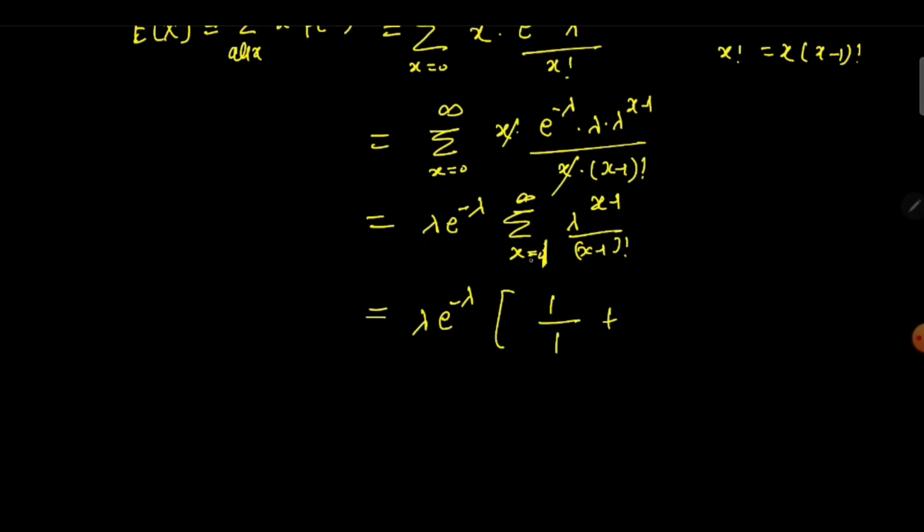Now if we put x equals 2, it will be lambda to the power 2 minus 1, that is lambda to the power 1 divided by 1 factorial, plus lambda square divided by 2 factorial, plus dot dot dot, like this we're going to get.